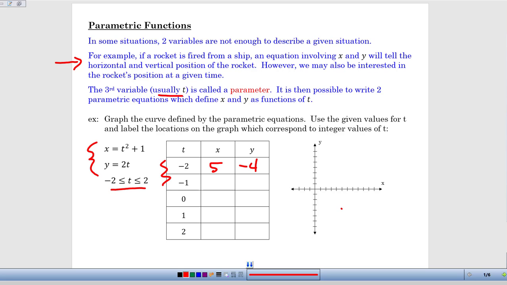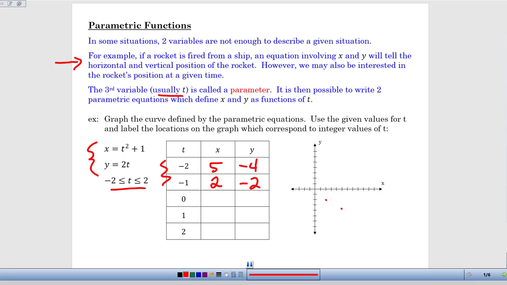If we plug in -1 for t into the x and y equations, -1 squared is 1, plus 1 is 2. -1 times 2 is -2. So I can go over 2, down 2, make a dot there. But again, the extra bit of information, besides just knowing that that point is there, is that t equals -1 at that location.